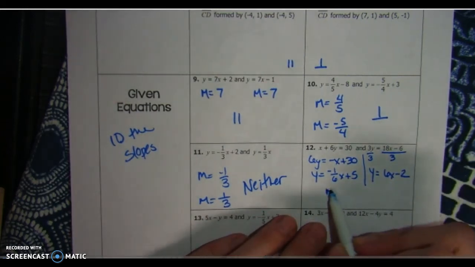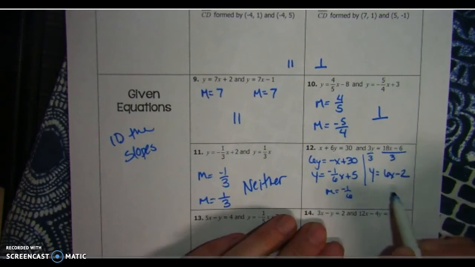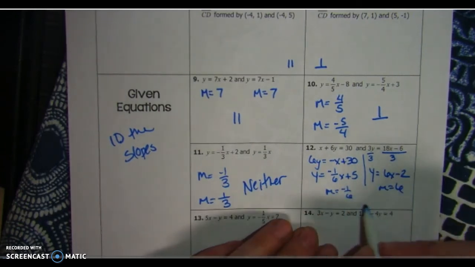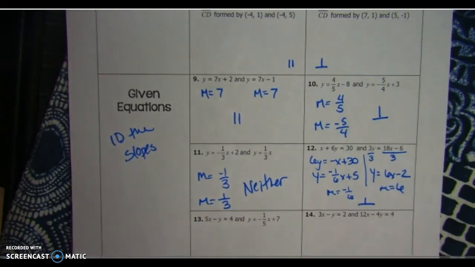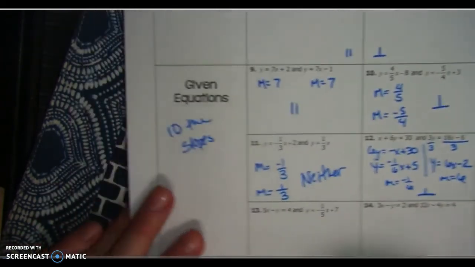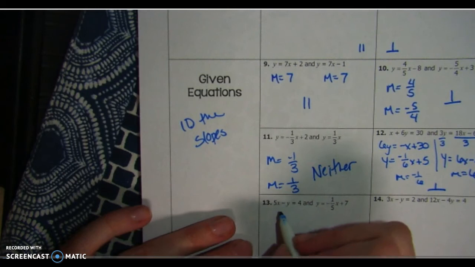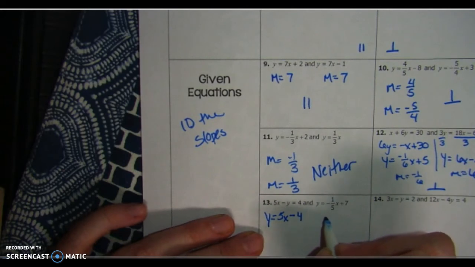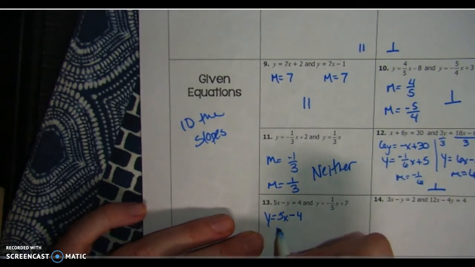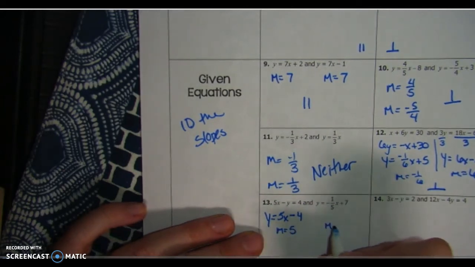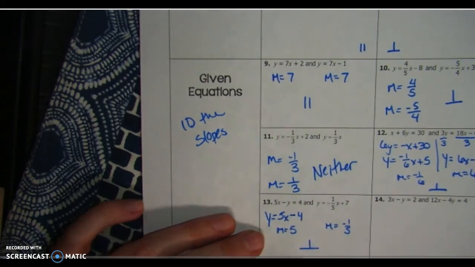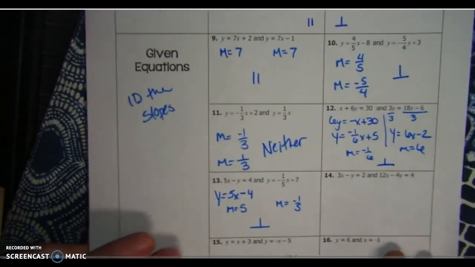And now we have our slope of negative 1/6 and my slope of 6, and they're opposites and reciprocals, so we know they are perpendicular. Over here we've got to get this in, and that would be y equals 5x minus 4. And here, oh, that's already in there, so m equals 5, m equals negative 1/5. So we are perpendicular because we're opposite reciprocals.